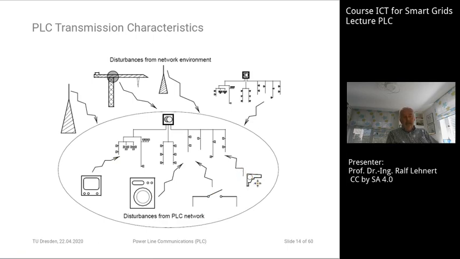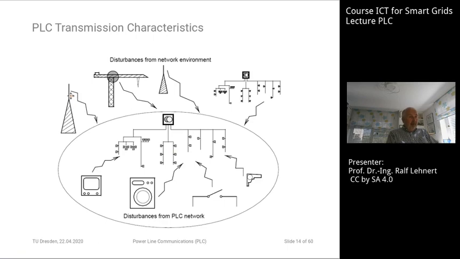For instance, the fan in your hair dryer typically has a quite cheap electric motor, and this cheap electric motor produces a lot of brush fire, and that means this is noise, even high power noise. So one of these things running can disturb the performance of a PLC network.